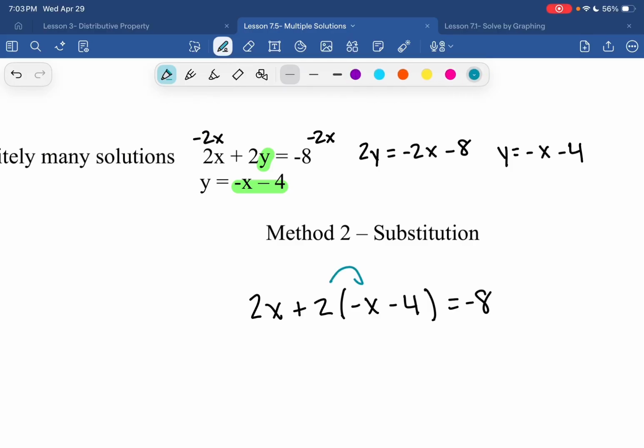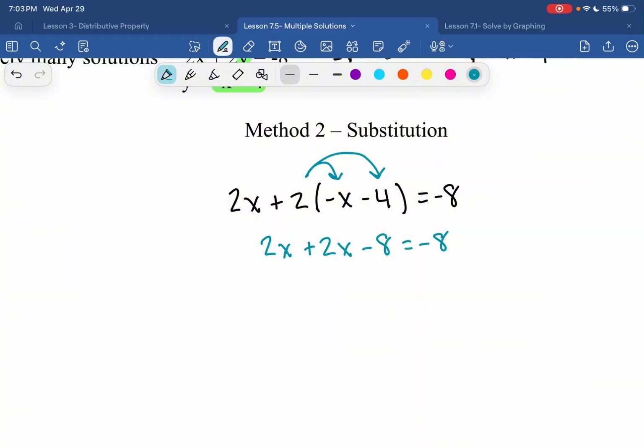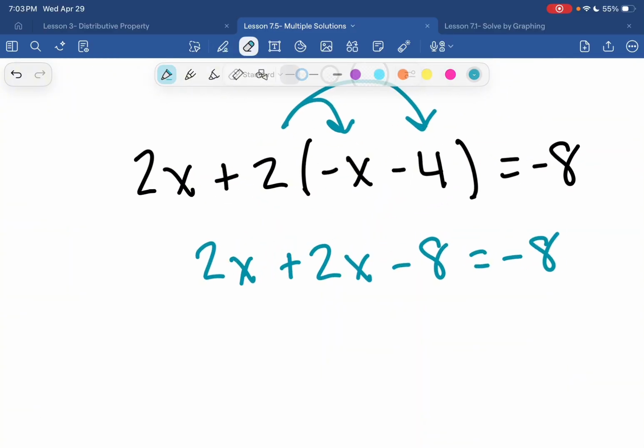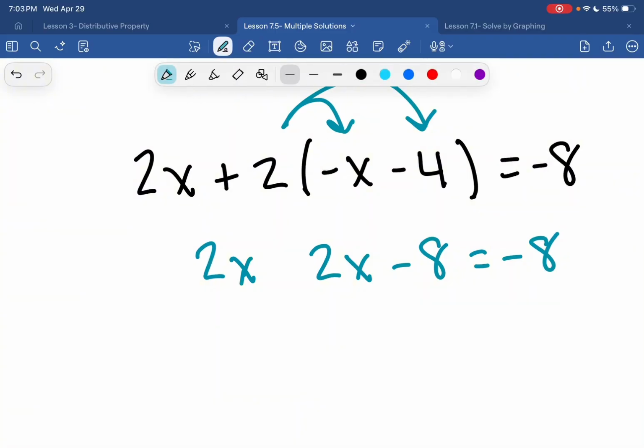So I'm going to distribute positive 2 to all terms inside the parenthesis. I now have 2x plus 2x minus 8 equals negative 8. I'm going to combine. Whoa. Miss Maddie made an oopsie. I'm so sorry. So you should have had 2 times negative x, which gives you negative 2x.